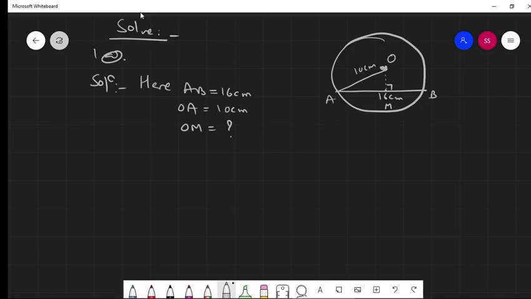Now dear students, we know OM is perpendicular to AB, and the first theorem we have to remember. The statement of the first theorem is: perpendicular drawn from the center to a chord bisects the chord.